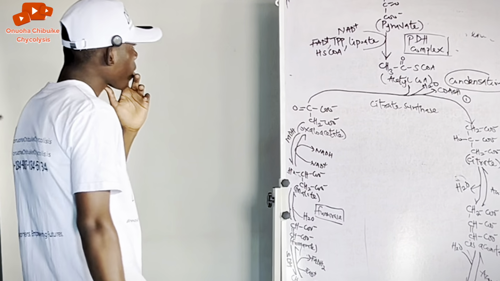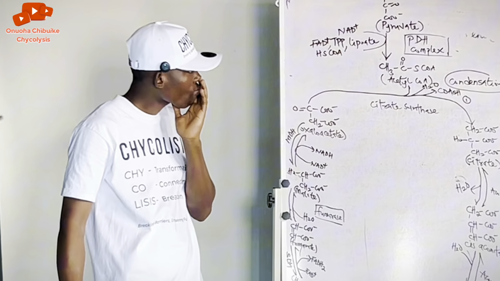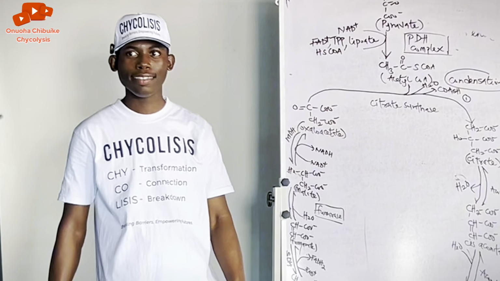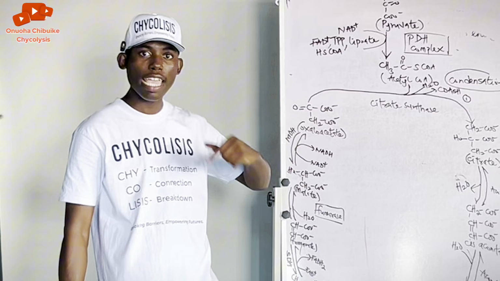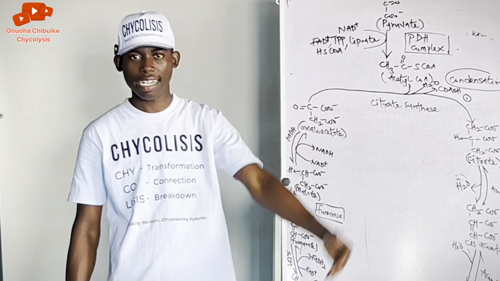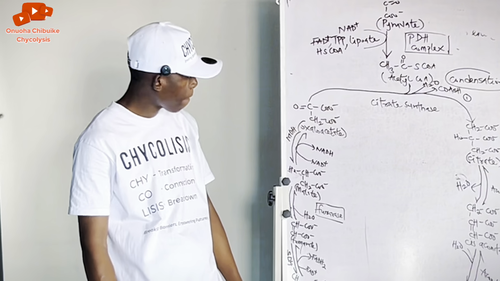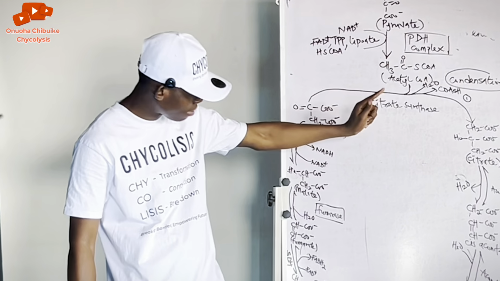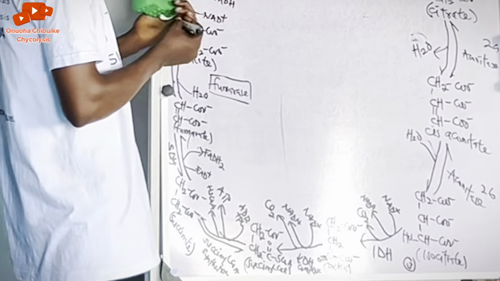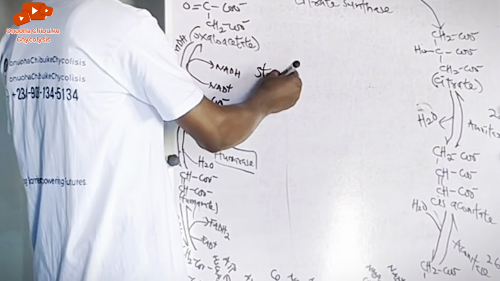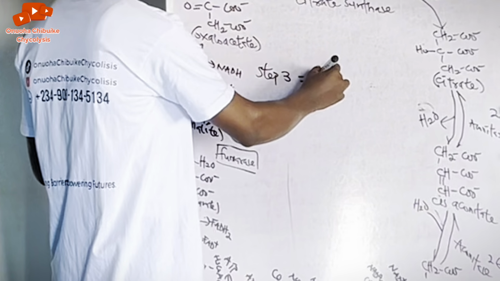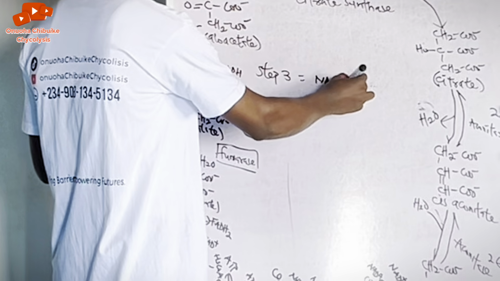Also, now look at this. Let's look at the bioenergetics of this cycle, the places where ATP or high energy carriers are produced. Now you can see step 3 produces one molecule of NADH.